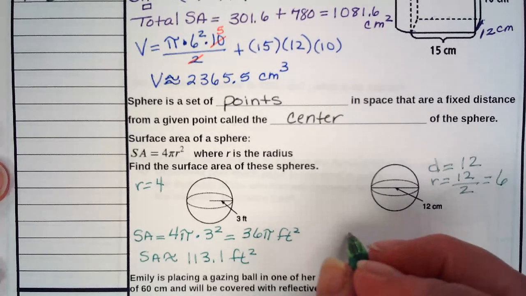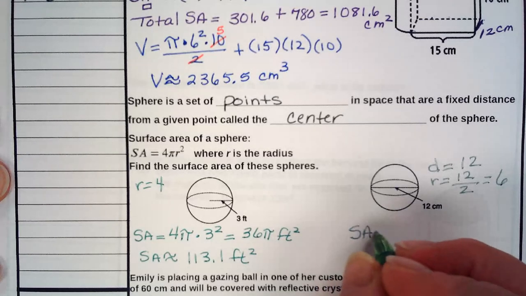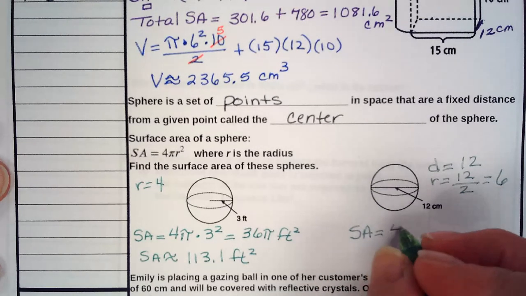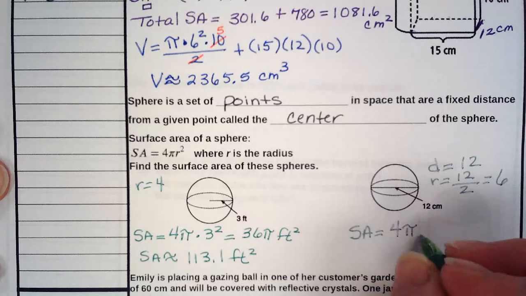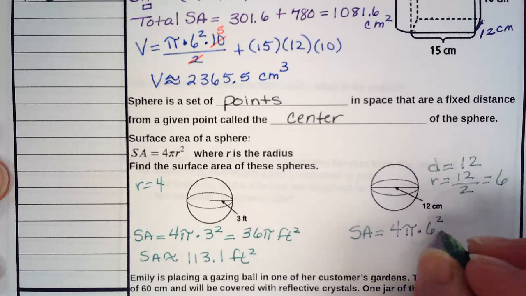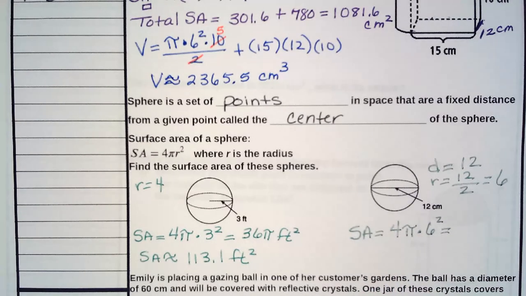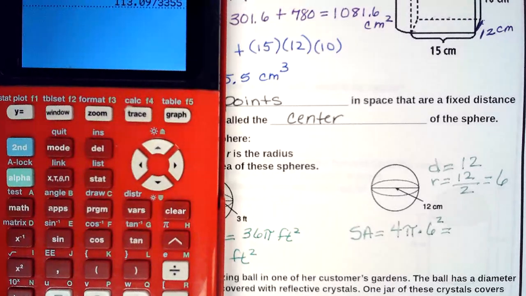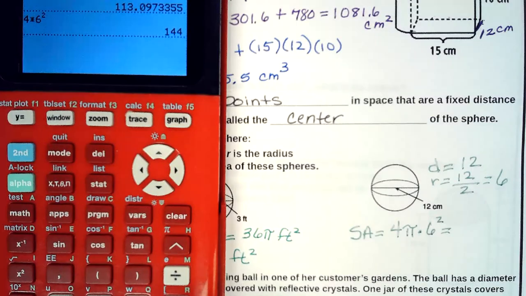For my surface area, it is 4 pi times 6 squared. Okay, so 4 times 6 squared is 144.